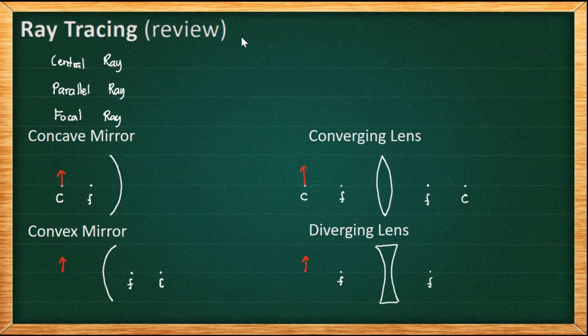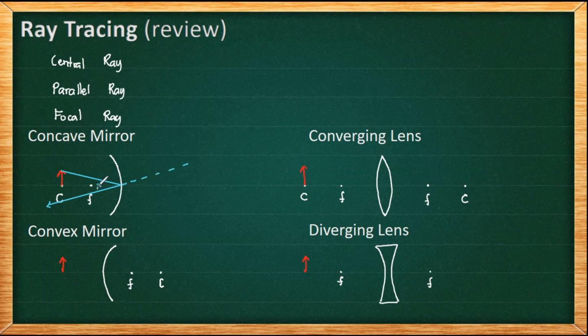For the central ray, say for example, we have here a mirror. We start from the tip of your object and it goes towards your optical axis. It will be reflected back, following the law of reflection, of course. And then this reflection would seem to come from this point.